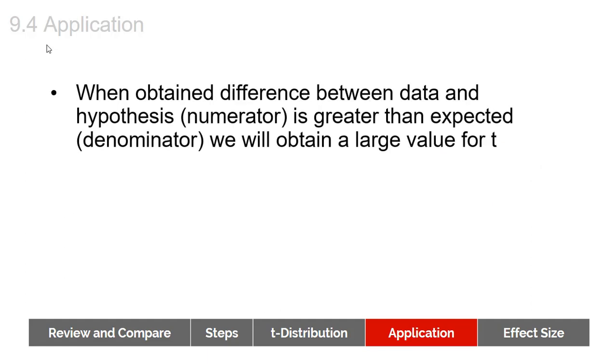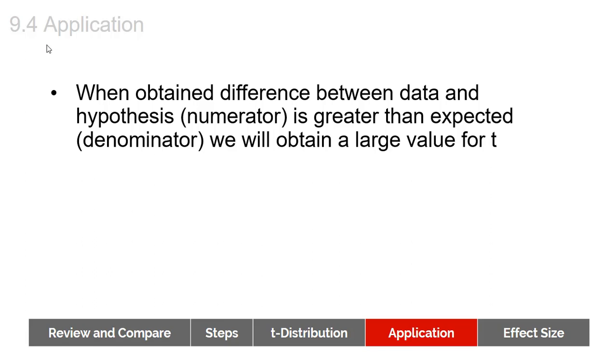When the obtained difference between our data and the hypothesis is greater than we expected, the denominator or the estimated standard error, this is going to give us a large value for t. If you think about it, when we have a ratio and the number on the top is a lot bigger than the number on the bottom, the result is larger.